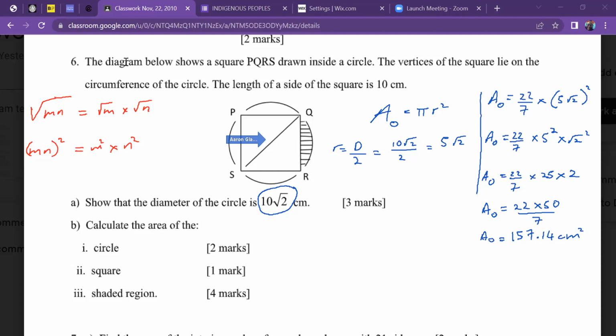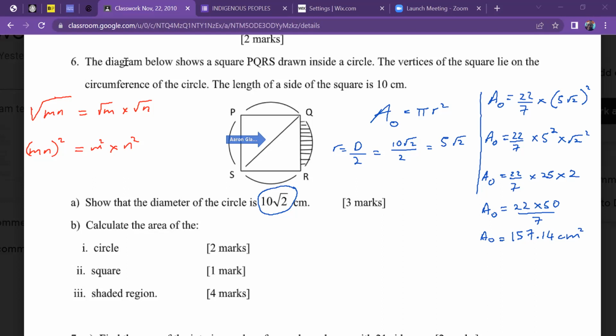That's equal to the square root of 200, which is also equal to 10 root 2. Okay, sir. We got that and we use the pi. Oh, I see what's going on. But sir, why did we have to multiply it by pi though?